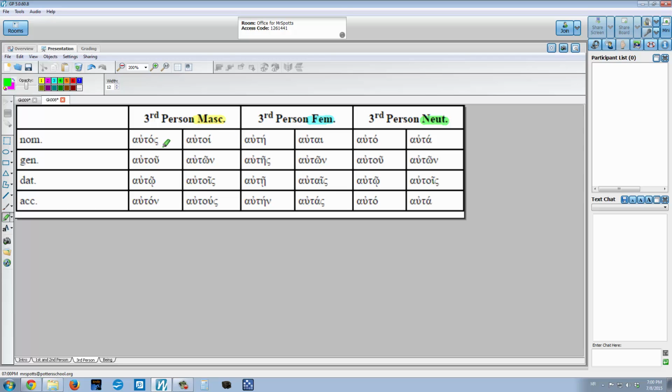What's the plural? If there are a bunch of people who would be he, it would be they. If there are a bunch of people who would be she, it'd be they. And if there are a bunch of things that would be it, again it would be they.